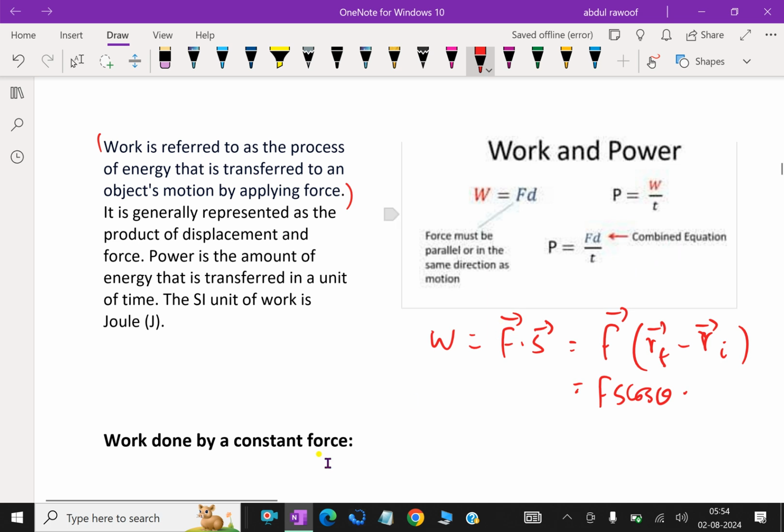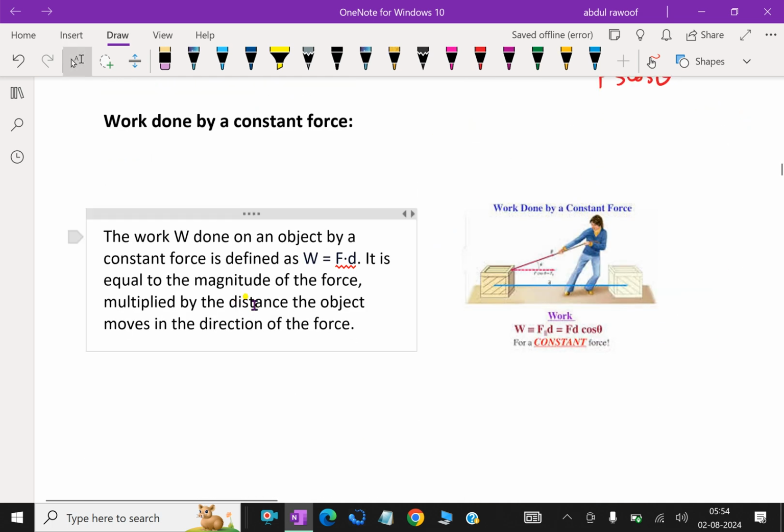Work done by a constant force. A work W done on an object by a constant force is defined as work W equal to F dot D. It is equal to the magnitude of the force multiplied by the distance the object moves in the direction of the force.